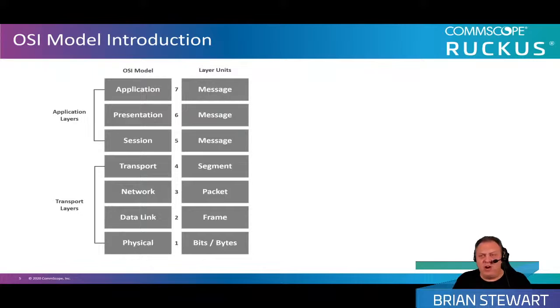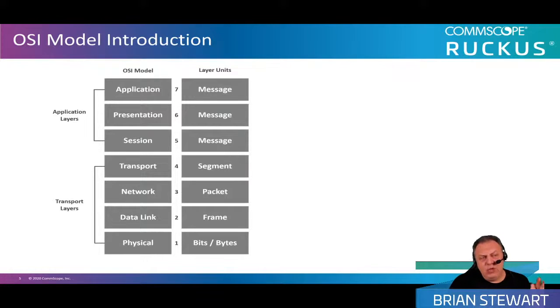Or if you go from the top down, another very common mnemonic for memorizing these layers is "all people seem to need data processing." So use that to help memorize and understand these layers and the order in which they exist.